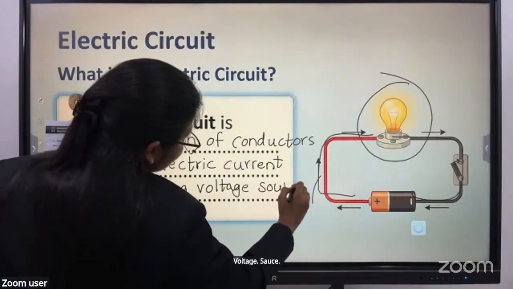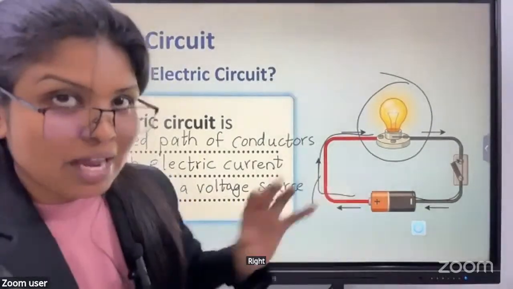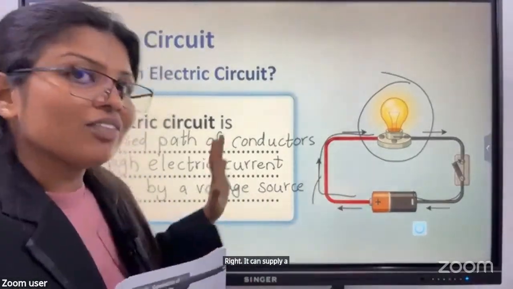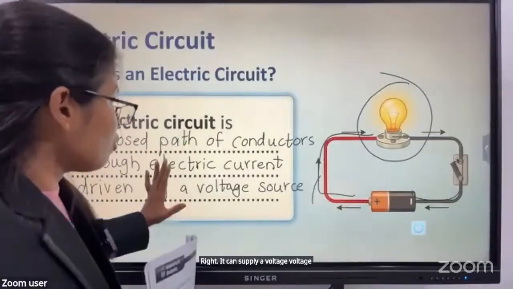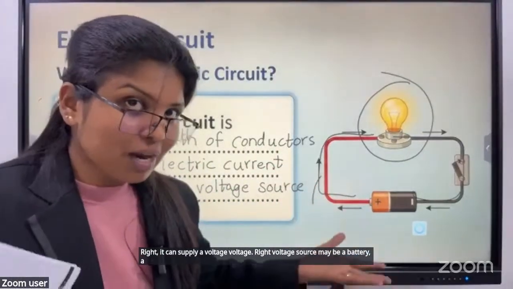Voltage source means, children, batteries, right? It can supply a voltage. A voltage source may be a battery, a current source, a current supply, likewise.